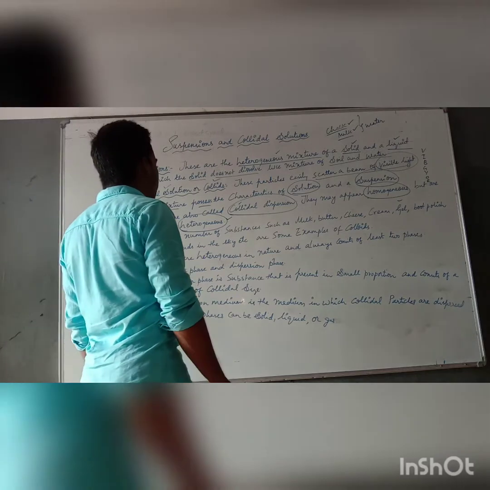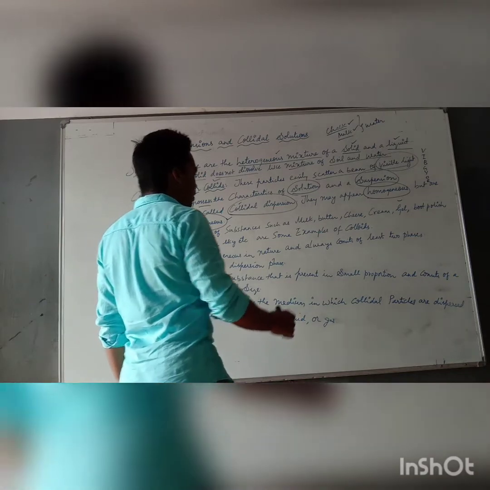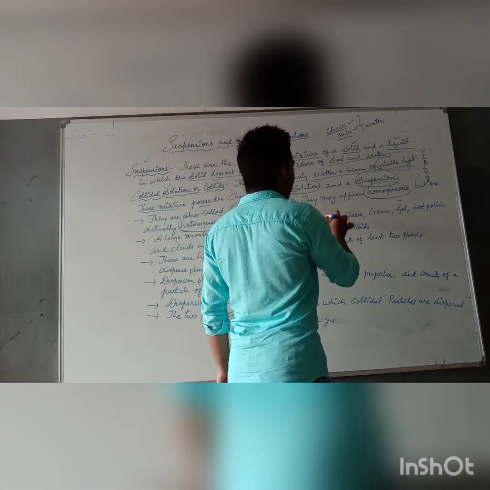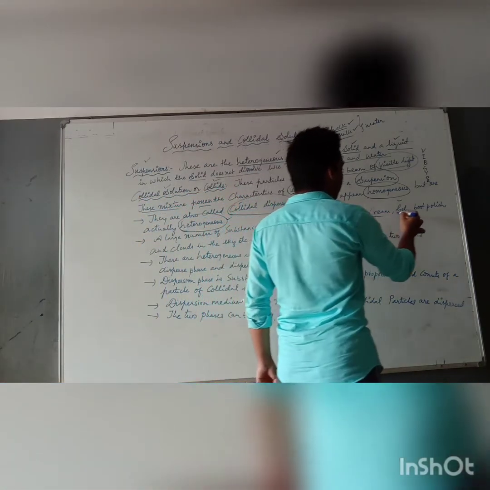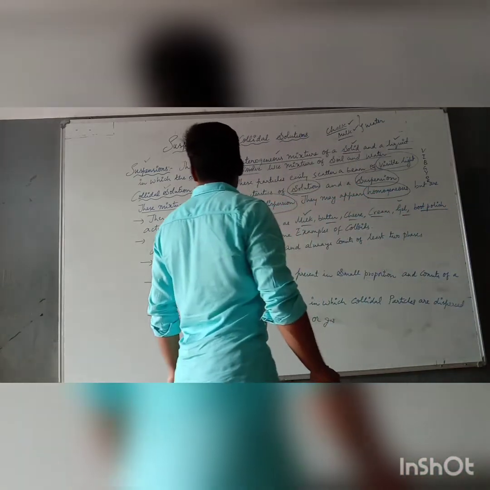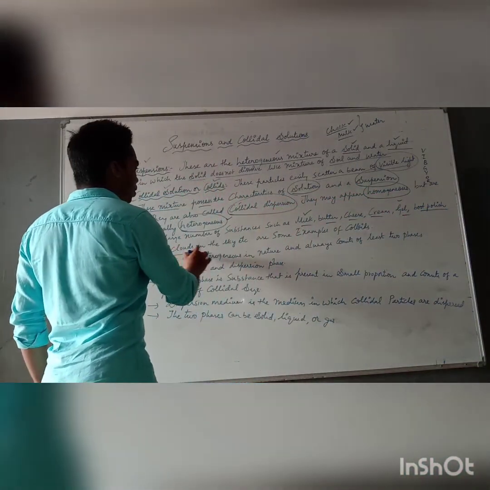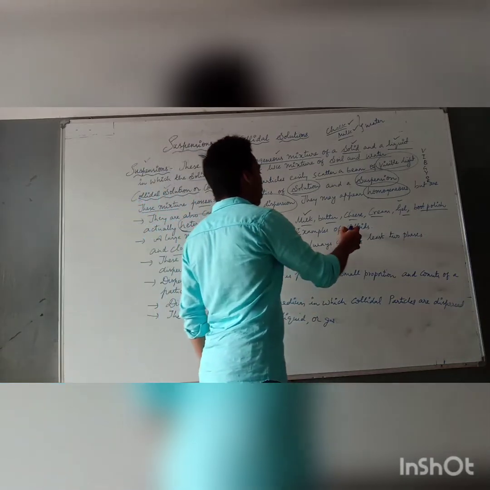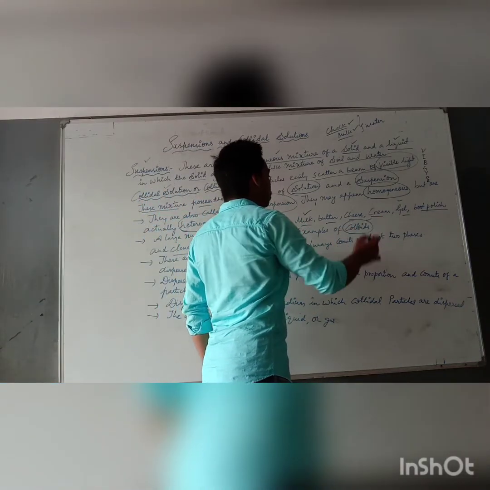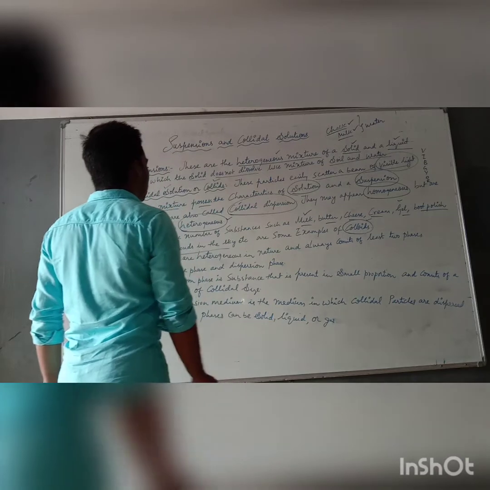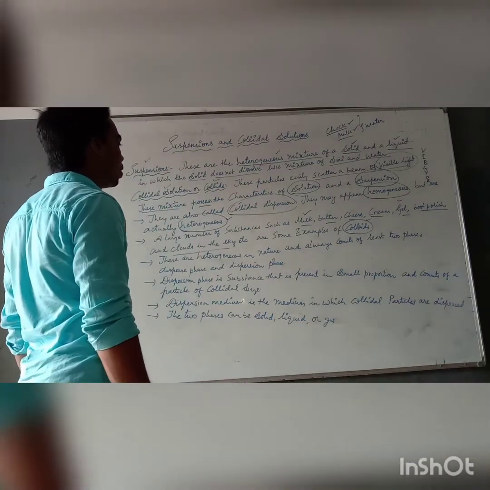A large number of substances, for example milk, butter, cheese, cream, gel, boot polish, and clouds in the sky, are all examples of colloids. They appear to be homogeneous, but actually they are not.